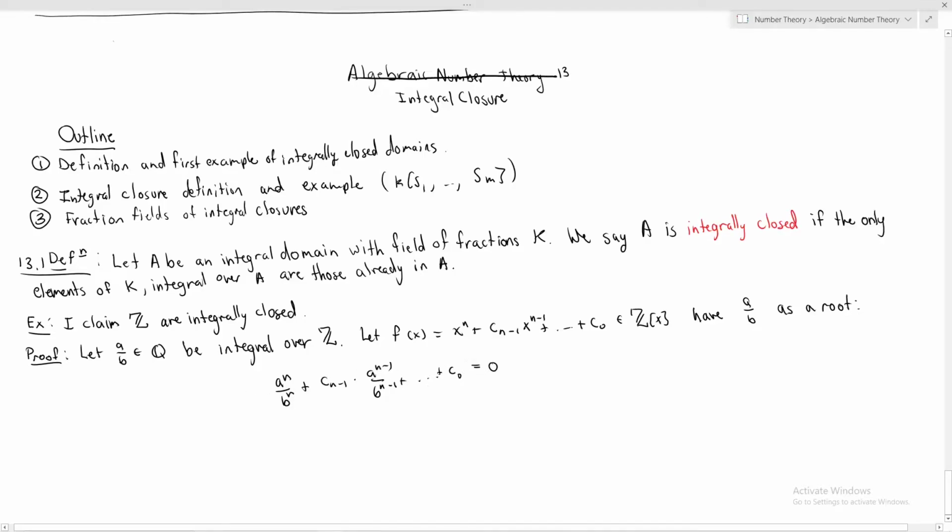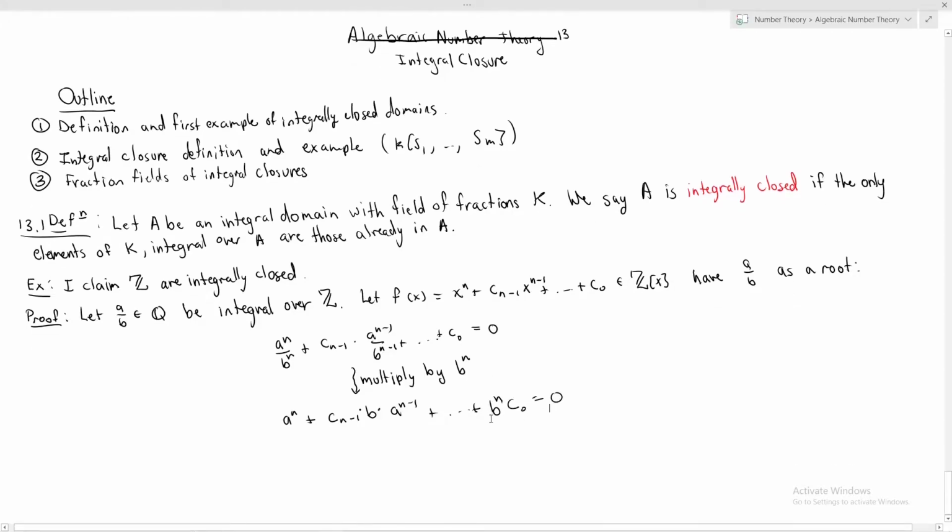If I multiply through by b to the n, I'll find that a to the n plus c sub n minus 1 times b times a to the n minus 1, and so on, plus b to the n c naught equals 0.